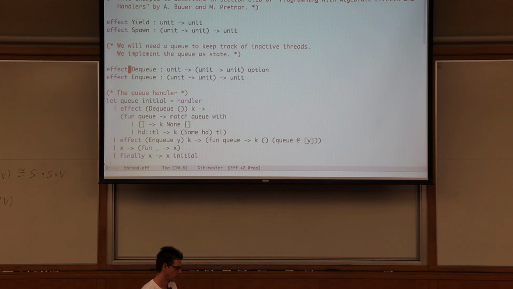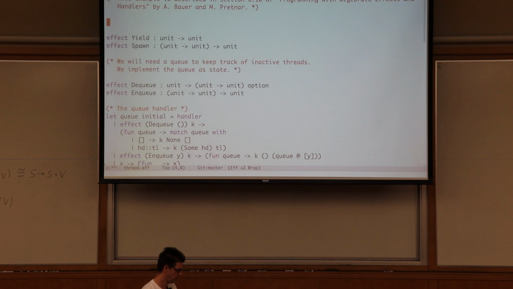So there is going to be a DQ and an NQ, and maybe it would be better if I did type thread is unit to unit. The beauty of defining types.